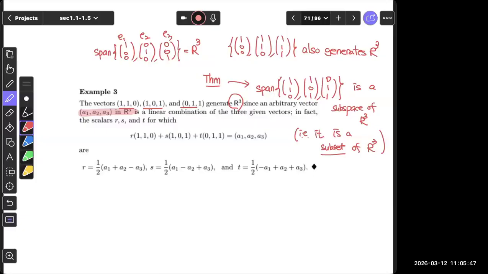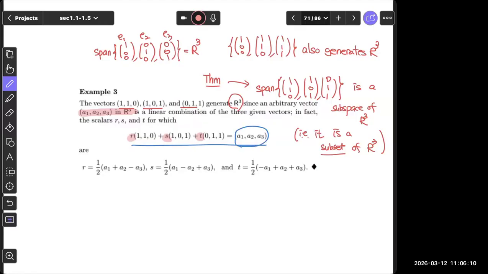To prove that, I need to prove the existence of three coefficients R, S, and T satisfying this equation, because their existence will show that this arbitrary vector on the right is included in the span of those three vectors, right?